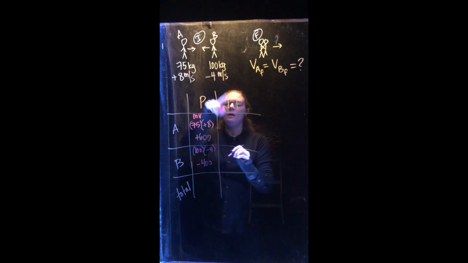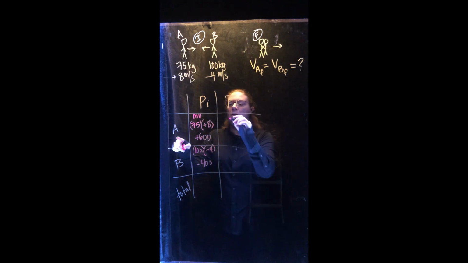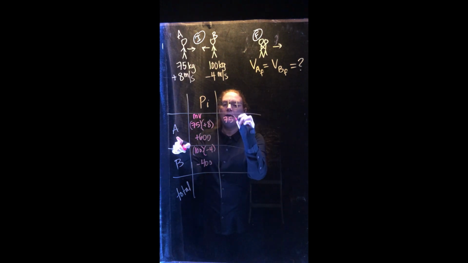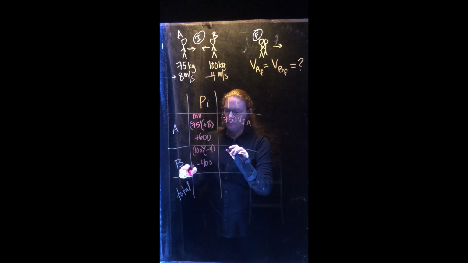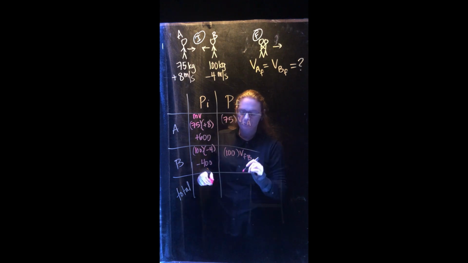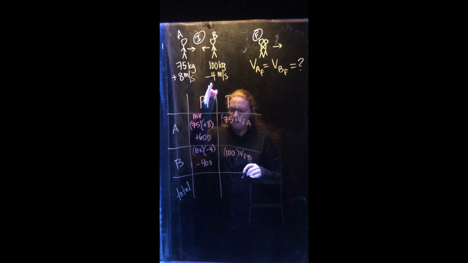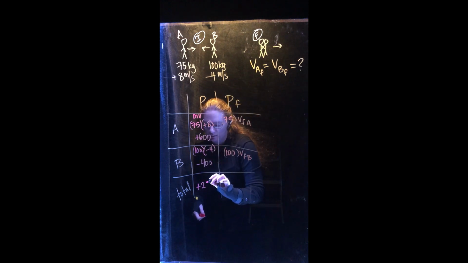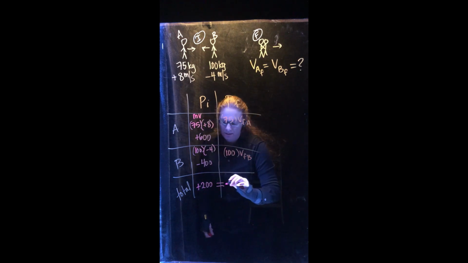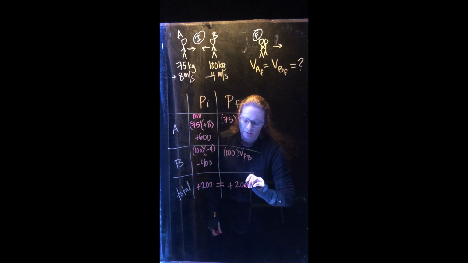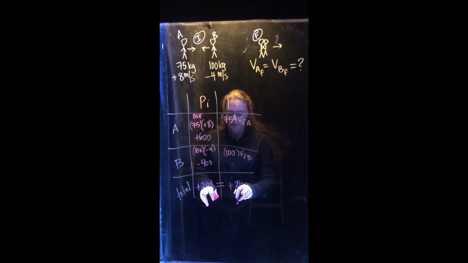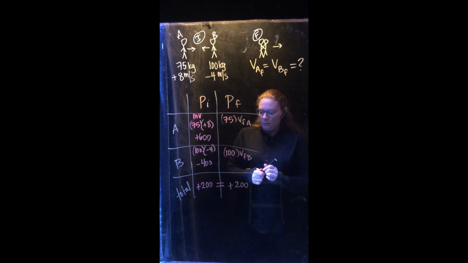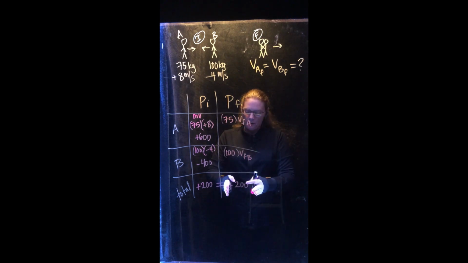Negative 400. P final of A is going to be 75 times V final A, and this will be 100 times V final B. Okay, add them up. 600 minus 400 is plus 200. That has to equal plus 200 over here, because initial has to equal final. And at this point I can add up this column.